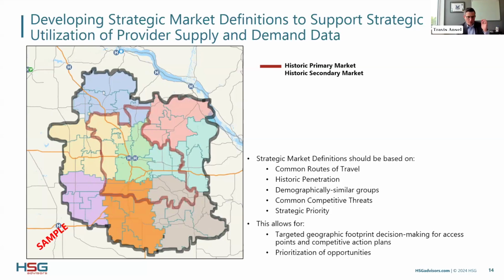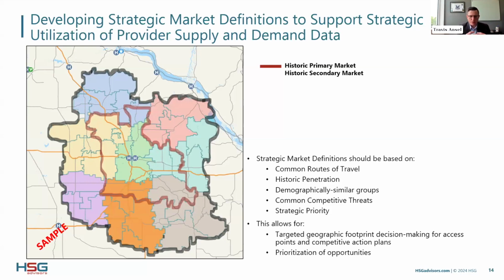If I compare this purple area up here versus this brown area down here, those might both be secondary markets within our secondary market definition. And I have a lot of clients that look at both market share data and provider supply and demand data as one giant secondary market.